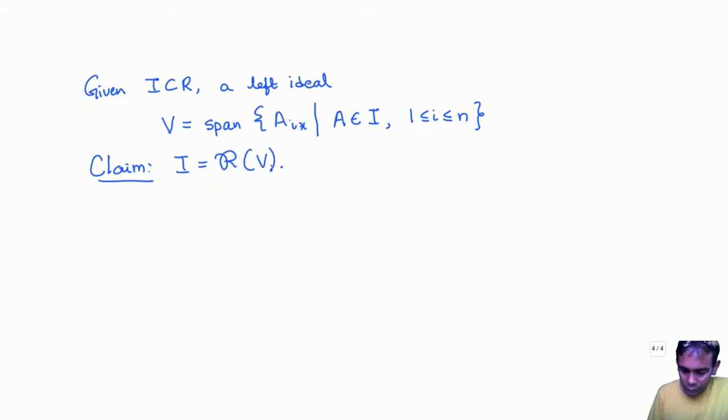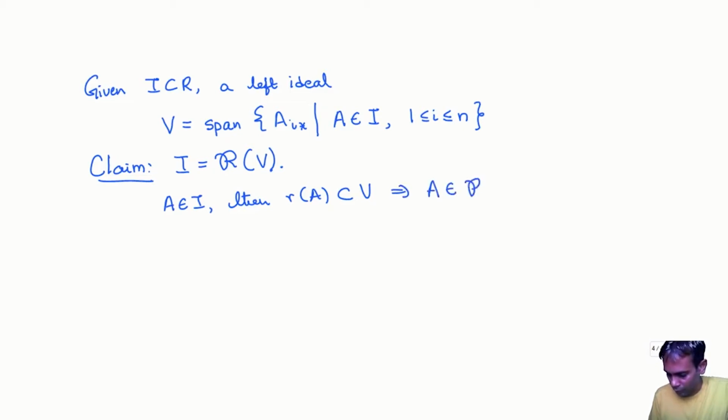Firstly, if you have a matrix A in I, then of course the row space of A is going to be contained in V, because those are among the rows that span V. So if A belongs to I, then the row space of A is contained in V, which implies that A belongs to R(V).